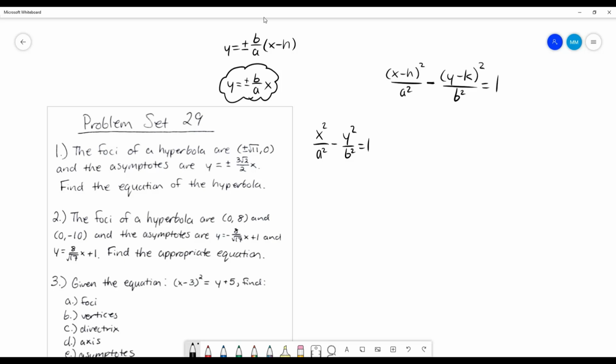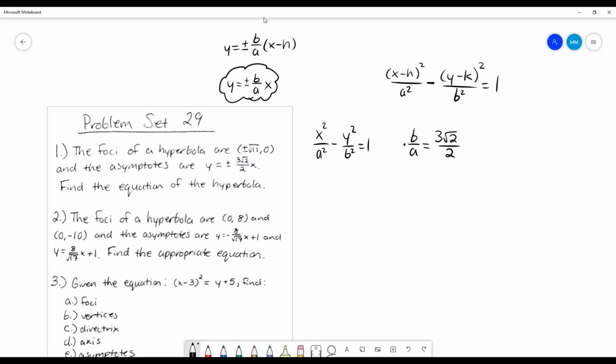And now, because of this, I know that b over a must be equal to 3 square root of 2 over 2. It doesn't tell me exactly what b or a is, right? I can't say that b is the top and a is the bottom, because that might not necessarily be true. So instead, we are going to turn one of these variables in terms of the other, so that we can then plug that back in to help us solve for it.